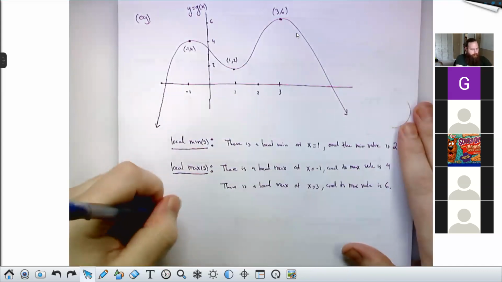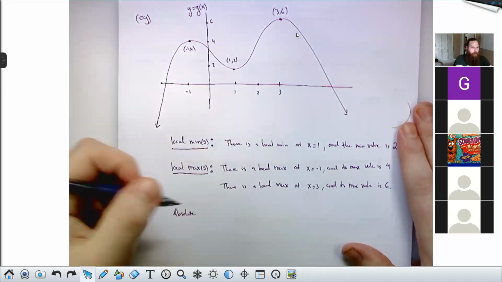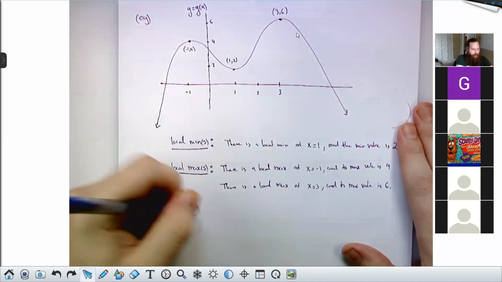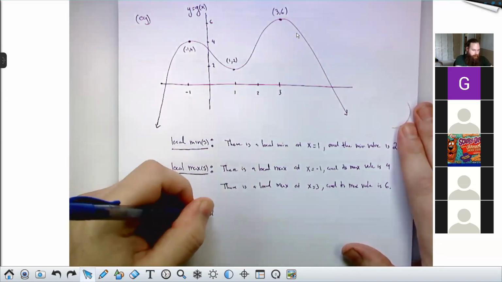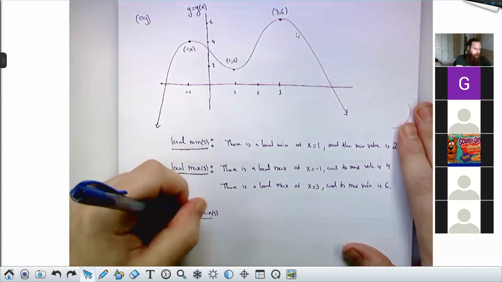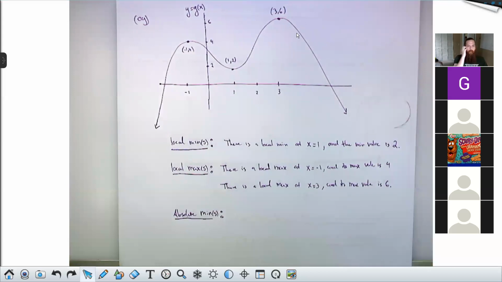What about absolute mins? These are also sometimes called global instead of the word absolute, same thing. Are there any absolute mins? Is there a lowest point anywhere on the graph? 1, 2 is tempting, right?